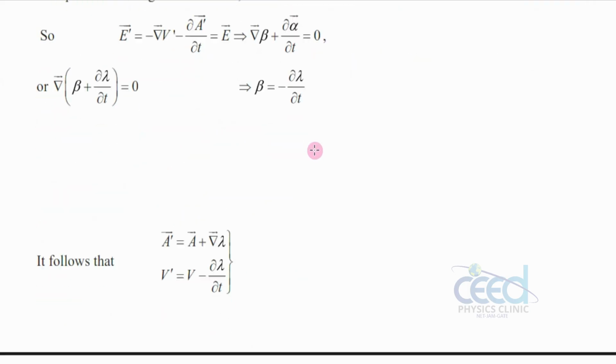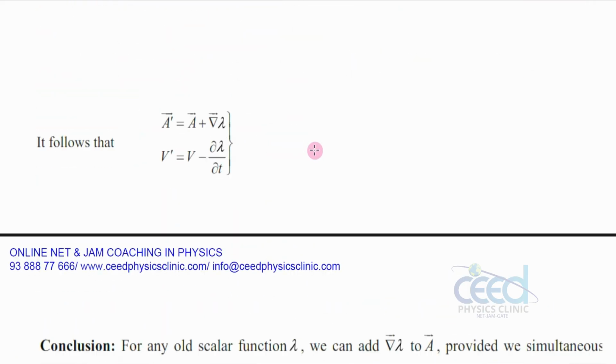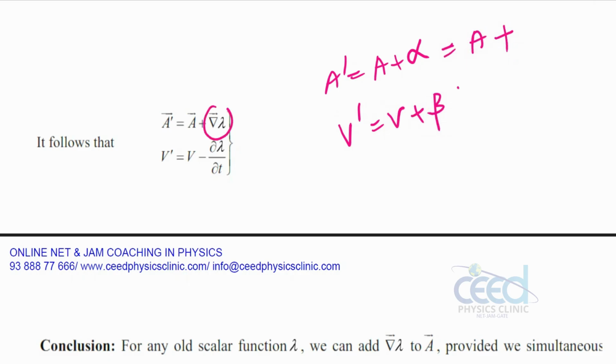All right, now we can write A dash is equal to A plus alpha, B dash is equal to B, and V dash is equal to V plus beta. Now what is alpha? Alpha we saw is del lambda.